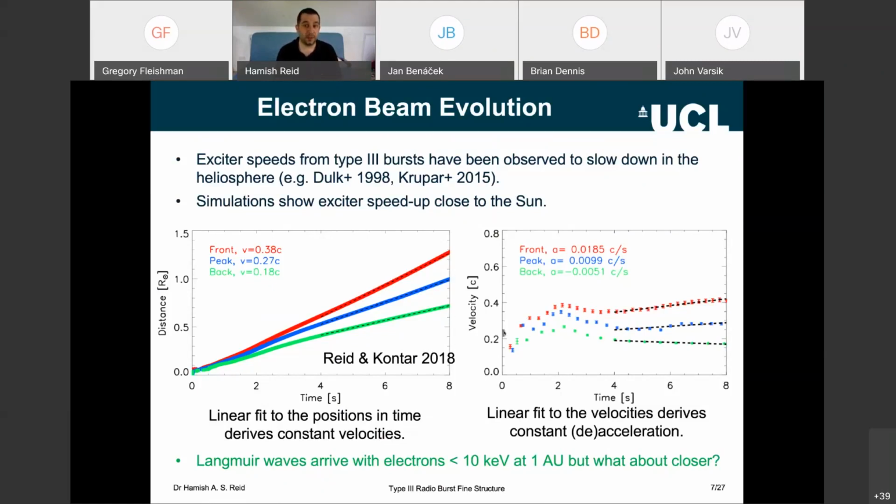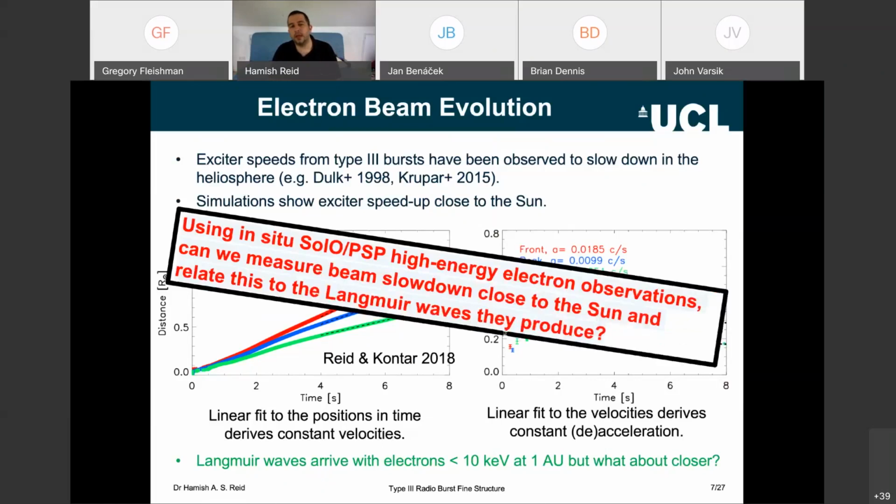But what we expect is that closer to the sun, the electron beams will be interacting with Langmuir waves at much higher energies. So when we measure the electrons at, say, 20 keV or 40 keV, we should observe simultaneous Langmuir waves at the same time. So can we use the in situ observations to measure this beam slowdown and relate this to the Langmuir waves that they're producing?